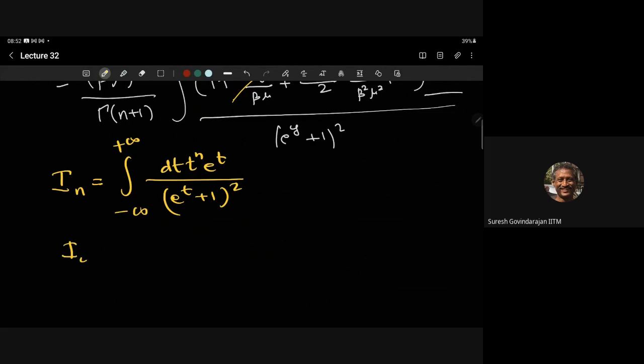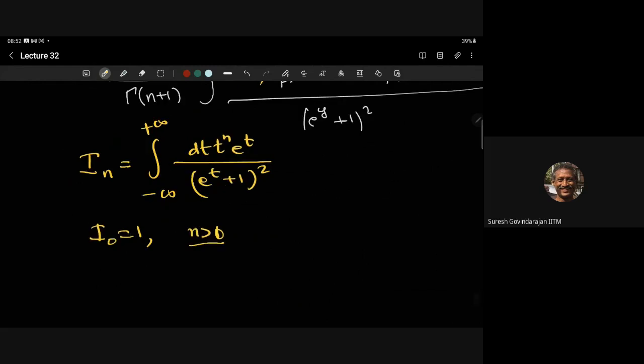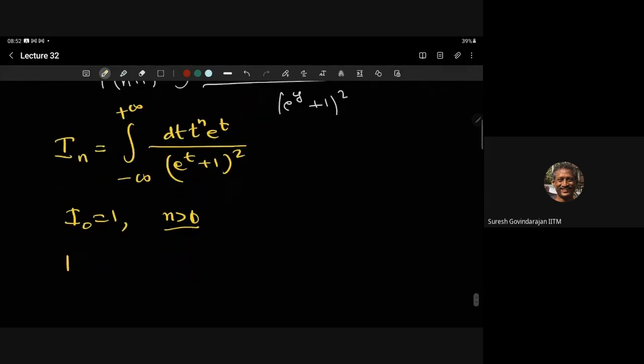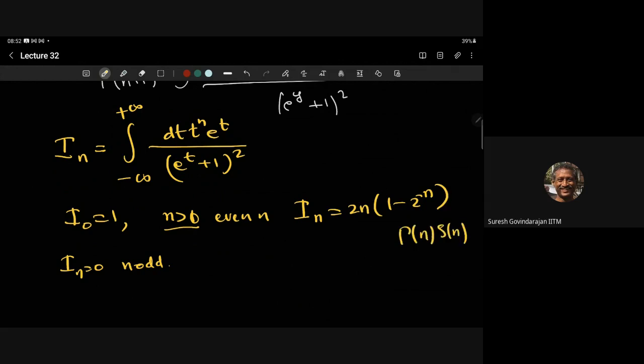I_0 is 1, and for n odd, I_n is 0. In particular, I_2 is what we needed.